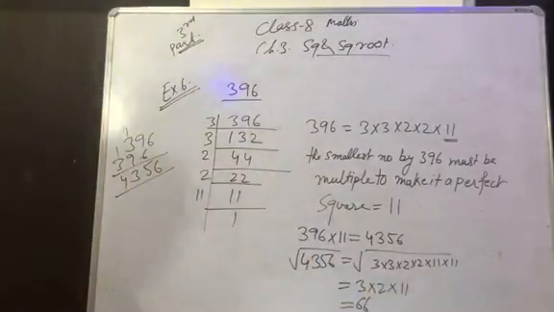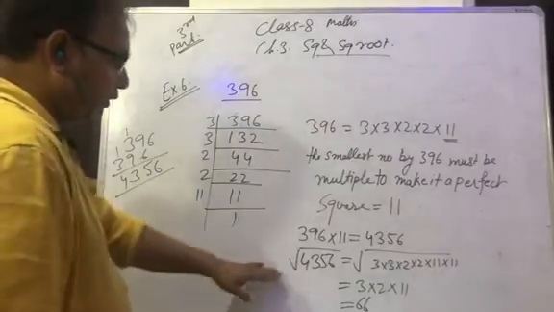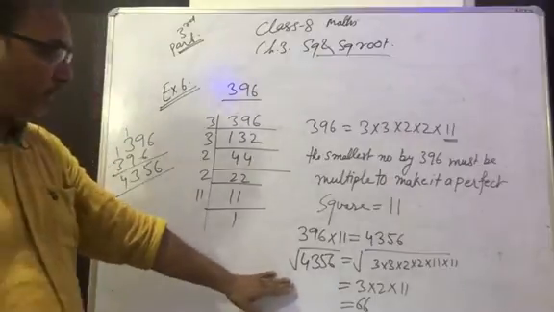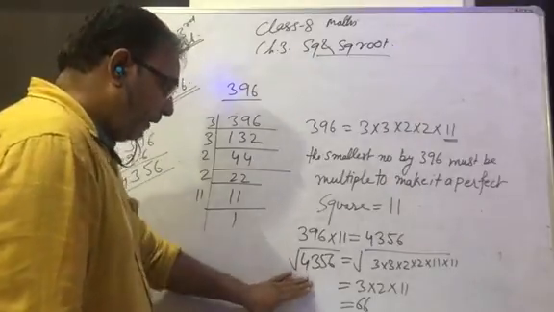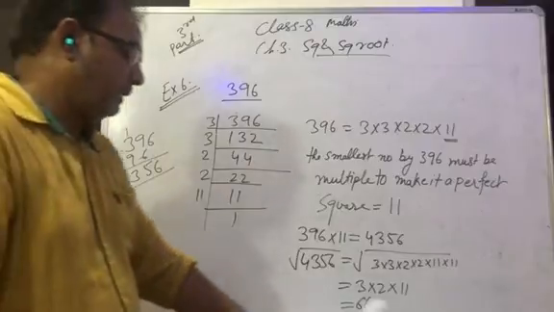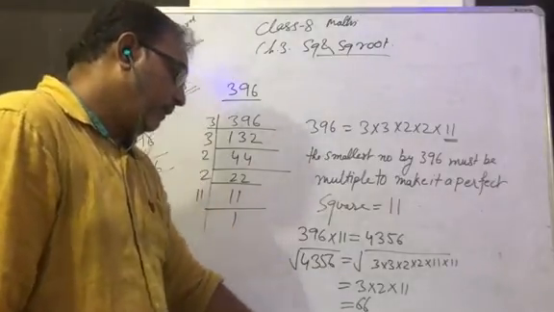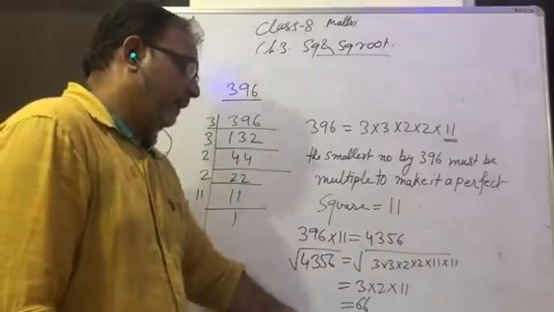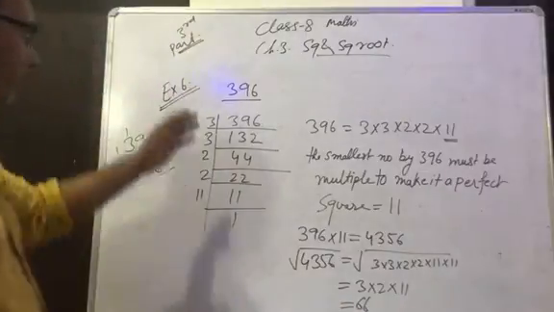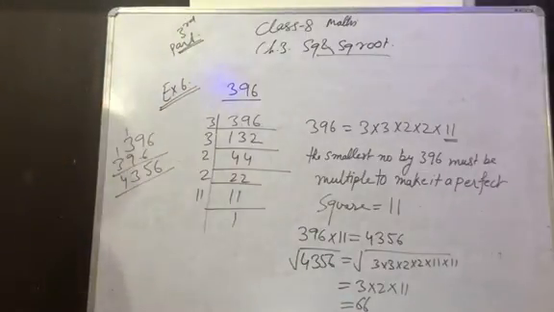And if we multiply, 11 times 3 2s are 6 and 6 times 11 will be 66. And if you want to see the prime factorization of 4356, you can check page number 49, example number 3, that I solved just before question number 5.